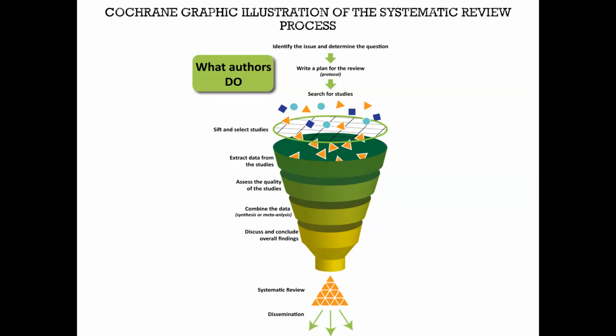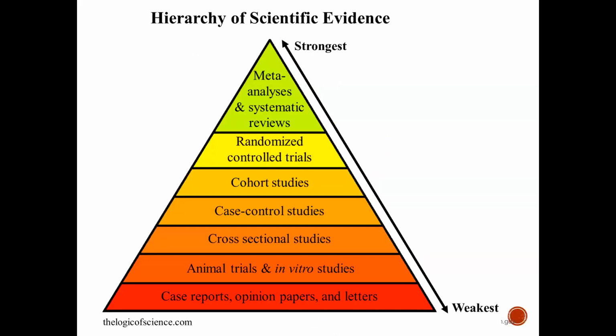We will see each step of this filtration, how the articles get filtered in each step, and how a systematic review is formed. I want you to see this hierarchy of scientific evidence, from the strongest to the weakest.